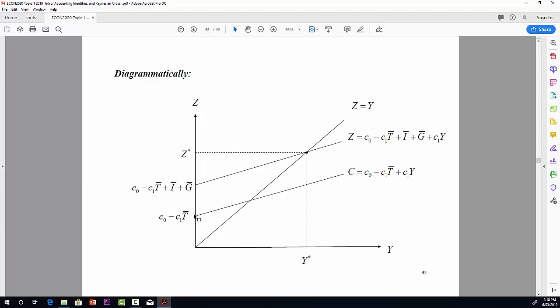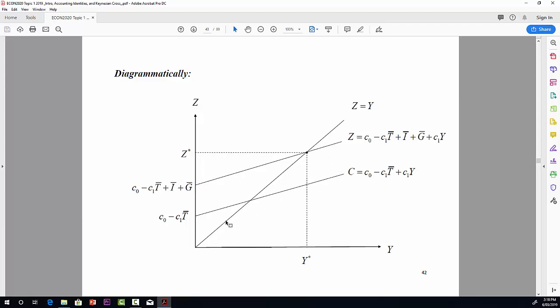So it's going to have a bigger intercept. But the slope is the same. The slope is just the marginal propensity to consume, C1. So this is our aggregate expenditure function. Okay, so it lies everywhere above the consumption function, but it has the same slope.